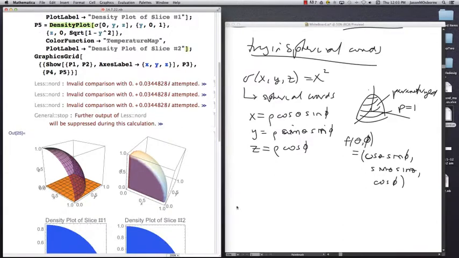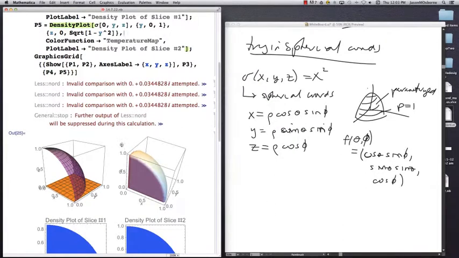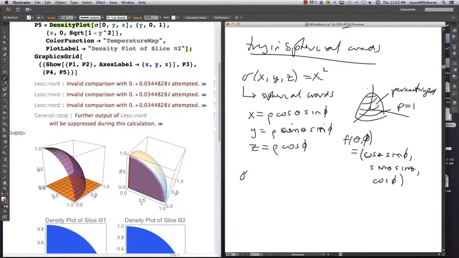All right. So we're trying to convert the difficult triple integral in Cartesian coordinates over to spherical coordinates, and we have our function sigma of rho cosine theta sine phi, rho sine theta sine phi, and rho cosine phi.